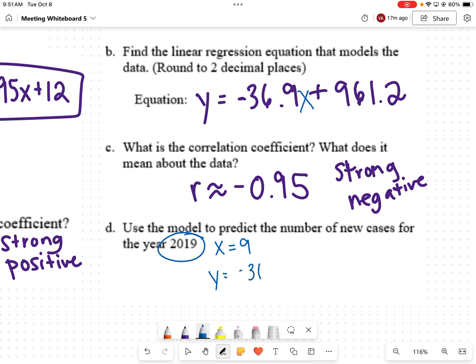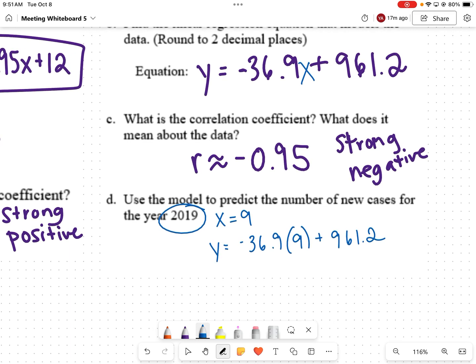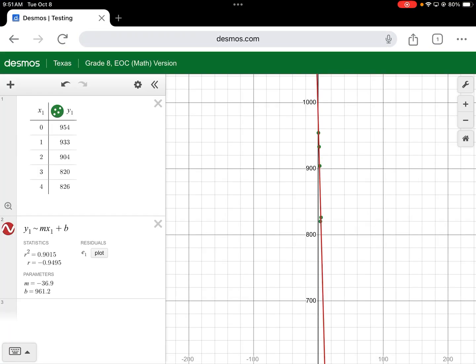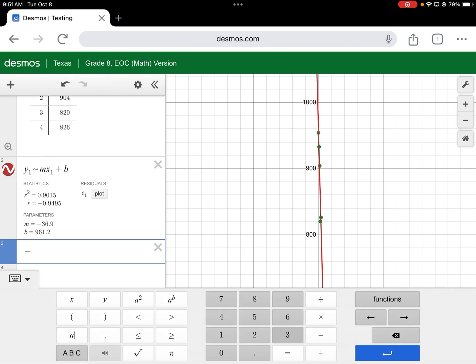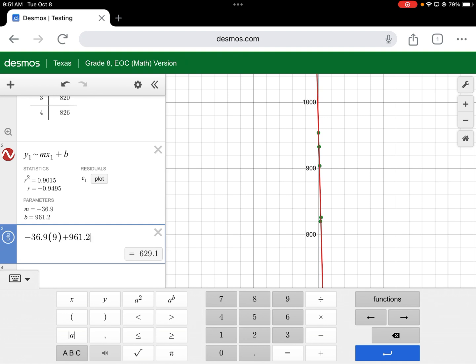So we're going to plug this in. Y equals negative 36.9 times 9 plus 961.2. Okay, we can put this in our calculator or we can put it into Desmos. I think Desmos. Okay, Desmos, negative 36.9 times 9 plus 961.2. I'm just plugging in.